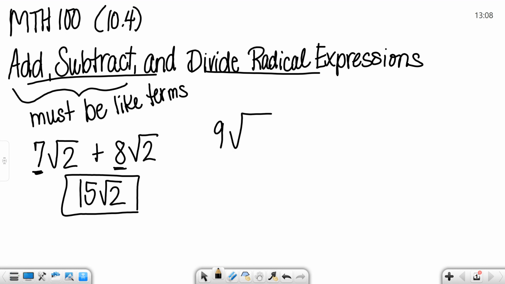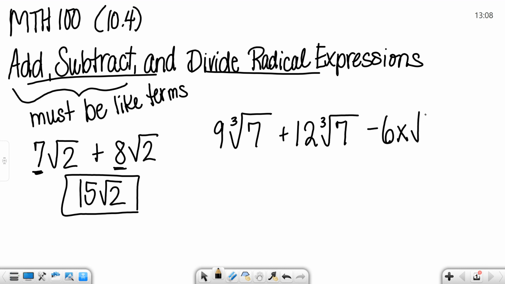So if I had 9 on the cube root of 7 plus 12 on the cube root of 7 minus 6x on the cube root of 7. Okay, well, they all have the cube root of 7. That's good news, so I'm going to try to add their coefficients.